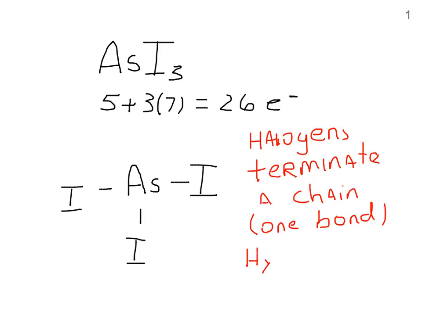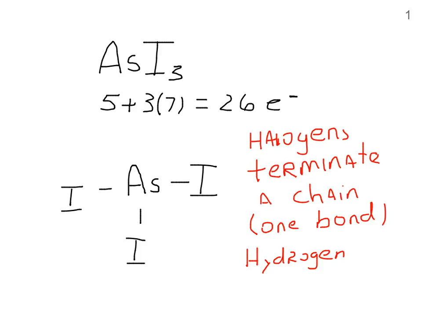And the reason why hydrogen does is because if you look at the periodic table and look at hydrogen's 1s1 configuration, well, just sort of a chain, how I'm drawing these molecules out. That's what I mean by one after another after another. A halogen is always going to be at the end, so that means they only have one bond. And hydrogen does the same thing.